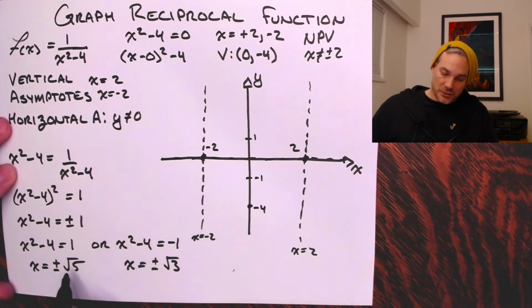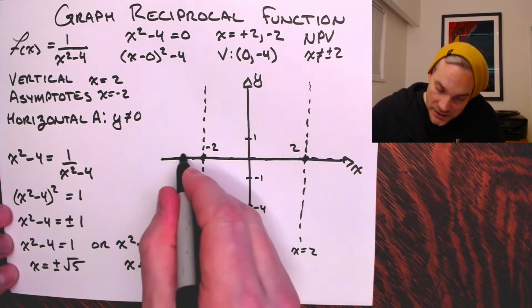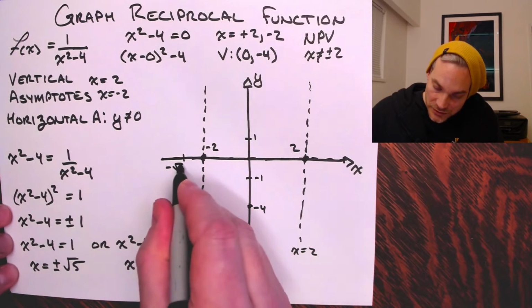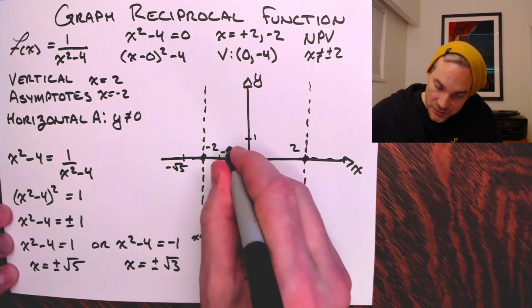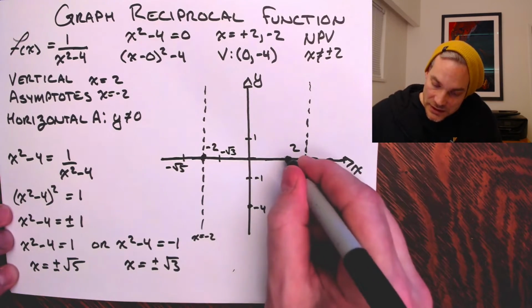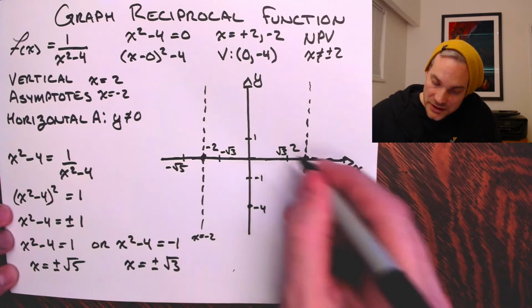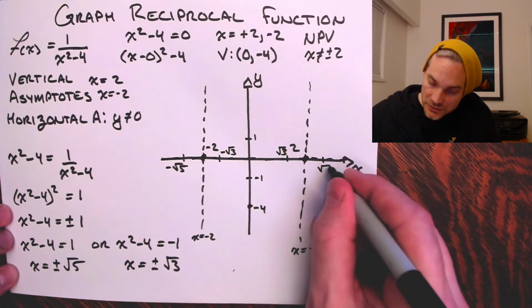My invariant points happen when this is minus root 5, this will be minus root 3, this will be root 3, and this will be root 5.